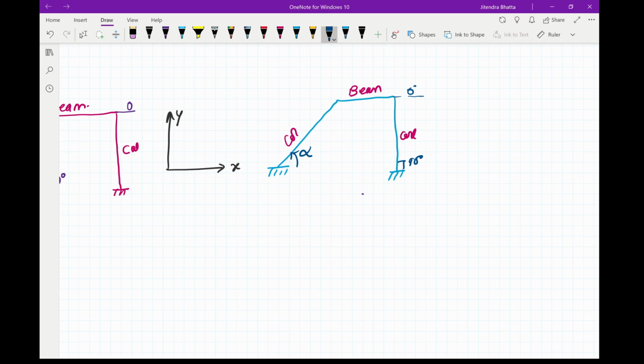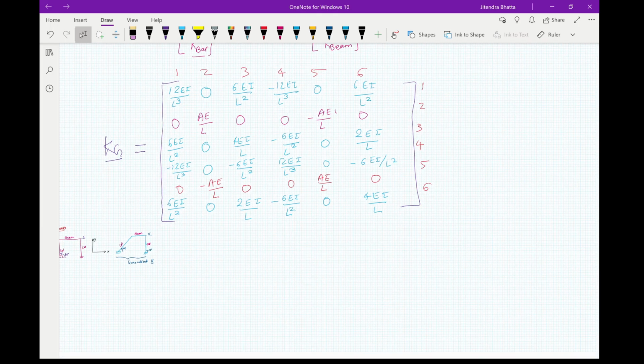Now in this case as well, we have to form a generalized stiffness matrix. This stiffness matrix here will work for a beam that is oriented horizontally with the x-axis. So here your alpha will be equal to 0.